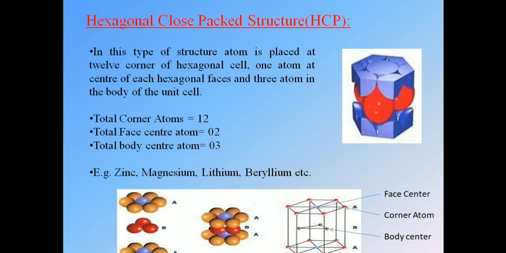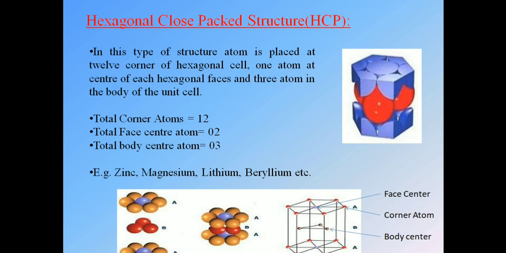If I see the diagram on the left side, in A, see what is there. We have a total of 6 spheres. 6 are in orange color, one is in blue color. Those 6 are the corner atoms. You can see the same in the right side figure.